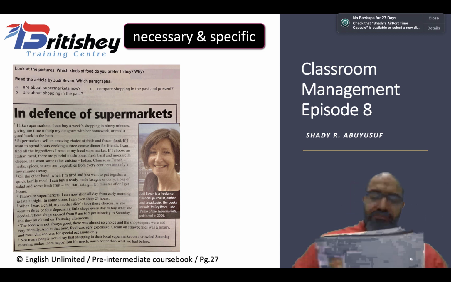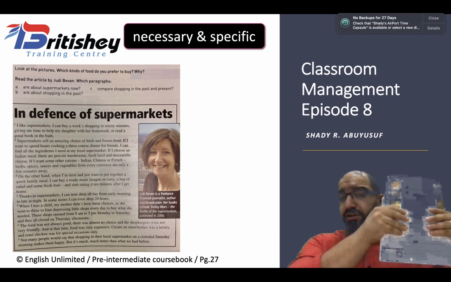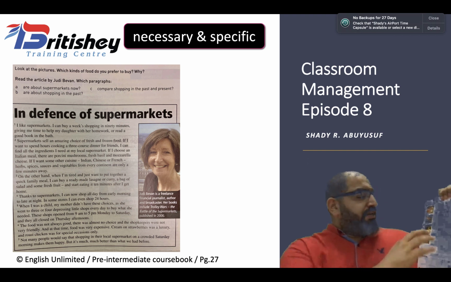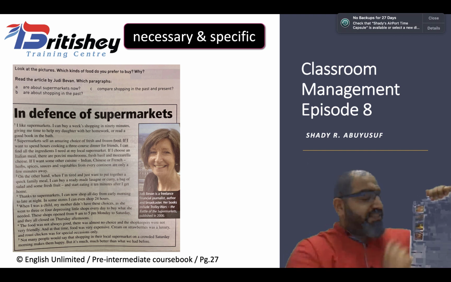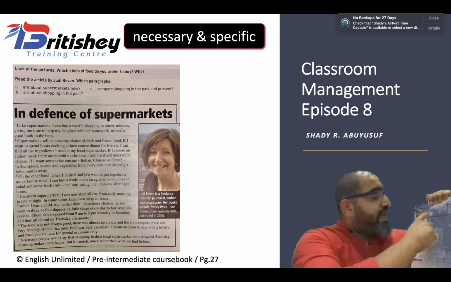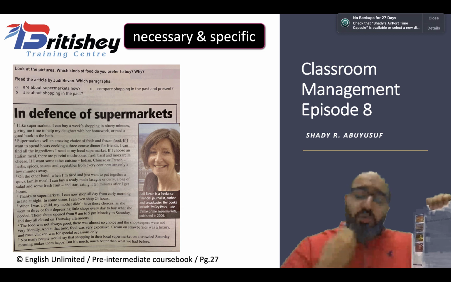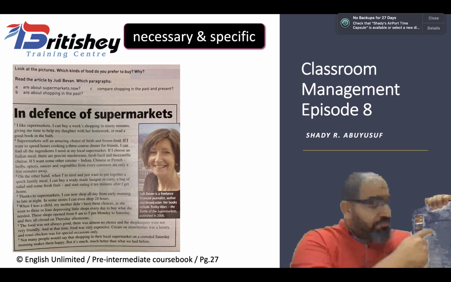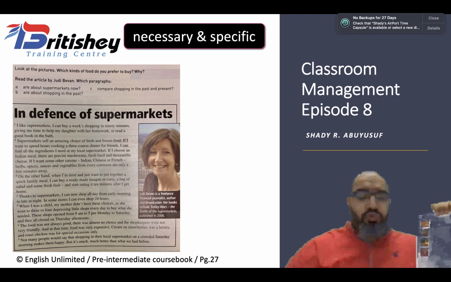Again, as we said before, you need to chest your material, and then you say, "Okay, everybody, now we've got this passage here. It has 6 paragraphs, and we have here 3 choices. What I want you to do is to read quickly and match each paragraph to one of these choices.